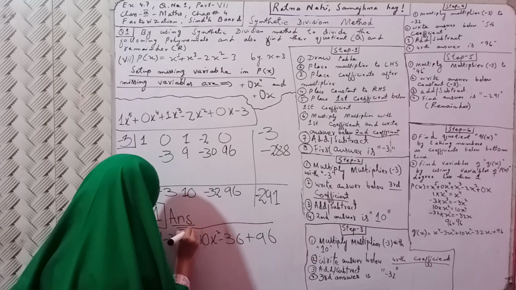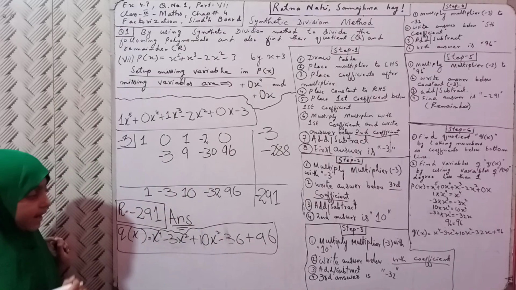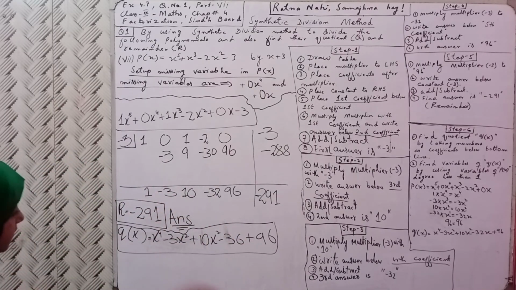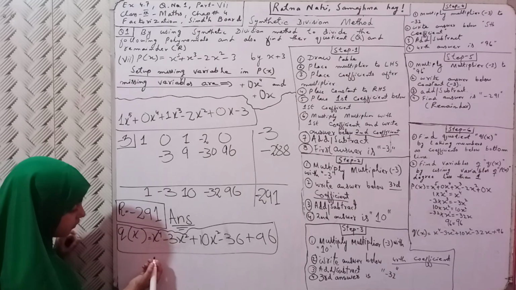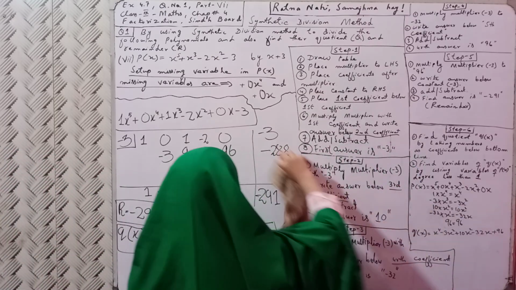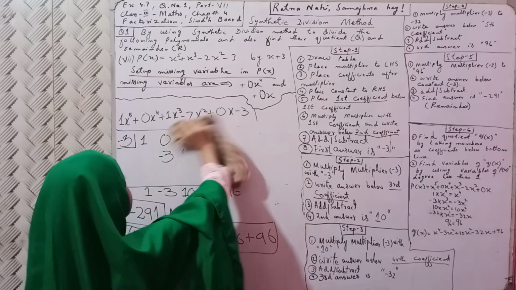And this is also our answer. But you may think, where do we get this? I will tell you. I am telling you here. I have no space, that's why I am removing it, so you can understand carefully.